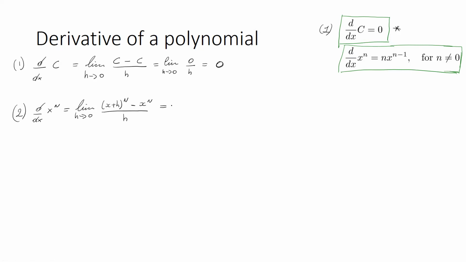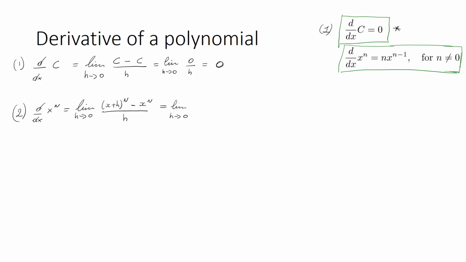And now it gets a little bit complicated, but not too much, don't worry. I have this power n, and I really want to get that h out of that power, because then I can say something about the limit as well. And if this n was a number, then I could just calculate x squared, x cubed, I can just calculate. But I want to do this for arbitrary n, so I don't have the right tools at my disposal.